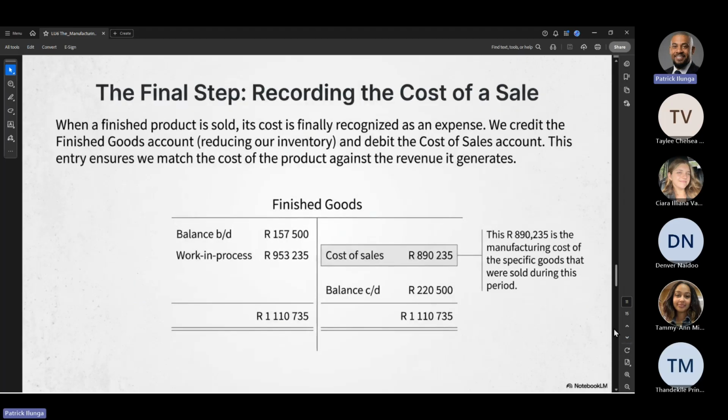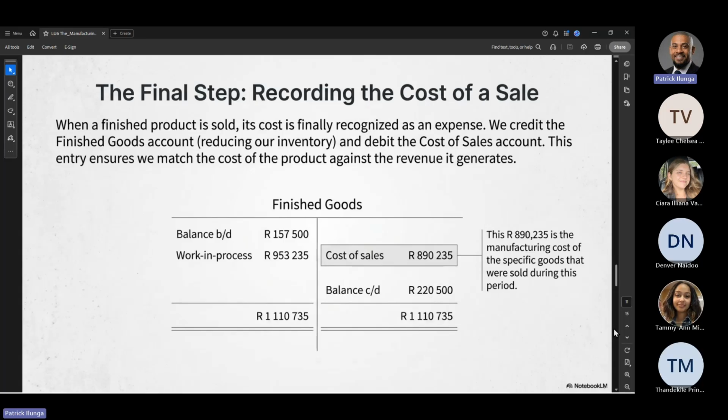All right. So from the finished goods, do you have an idea what else could come after? Obviously, if we finished, we need to sell. And that's where a very important thing comes in, the cost of sales. It is the cost of goods sold that really is important.